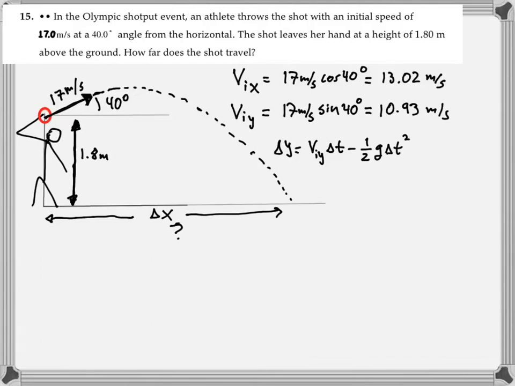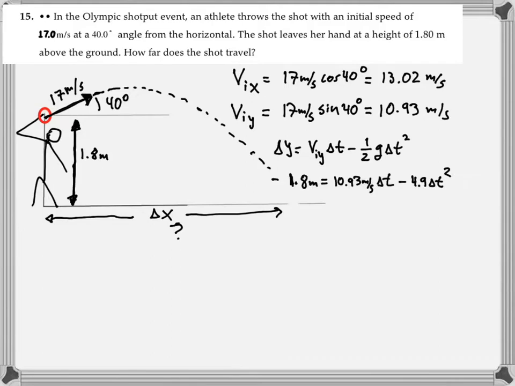It's minus 1.8 meters. We know the initial velocity in the y direction is 10.93. We know the value of g, of course, that's 9.8 always. So in this equation, we know everything except for the amount of time that the shot spent in the air. So we're going to calculate that amount of time first.